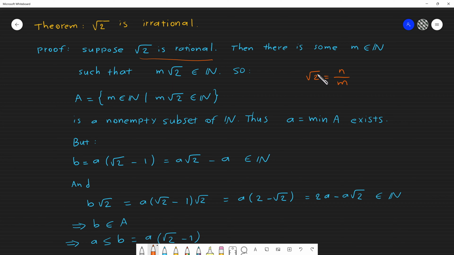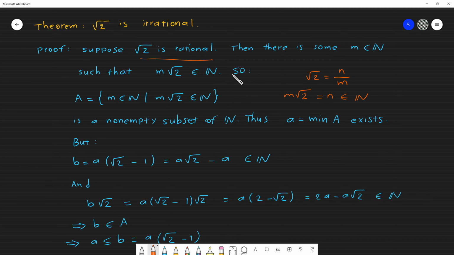So there is some m such that m square root of 2 equals some integer z in the set of all integers, but both of these numbers are positive, so n is a natural number, a positive integer. So there is some m in N such that m times square root of 2 is a positive integer.